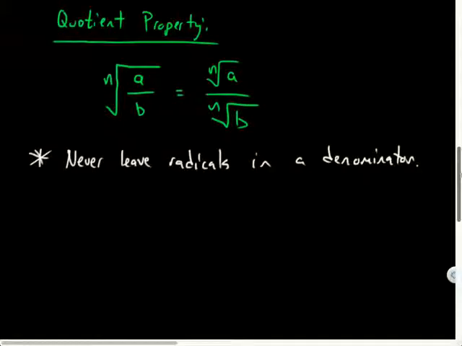In fact, on the SATs, if your answer has a radical in the denominator, they won't even mark it right. So the standard way of writing square roots and radicals is you don't leave them in denominators, although mathematically they are equivalent to a simplified answer. Okay, so there's my little spiel on radicals.